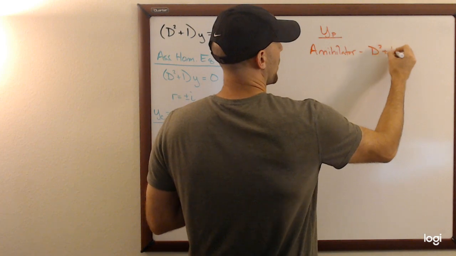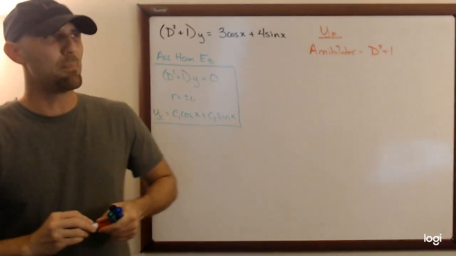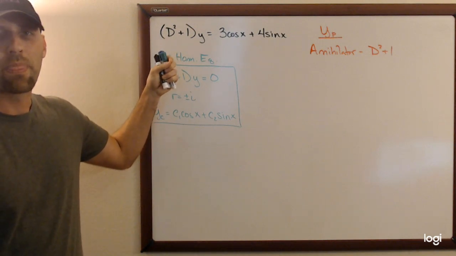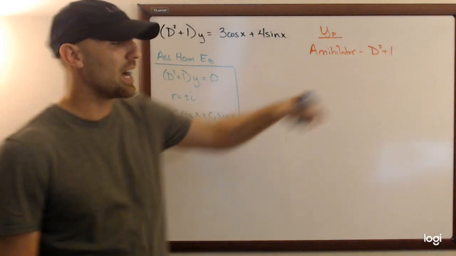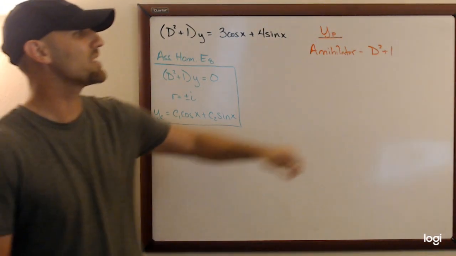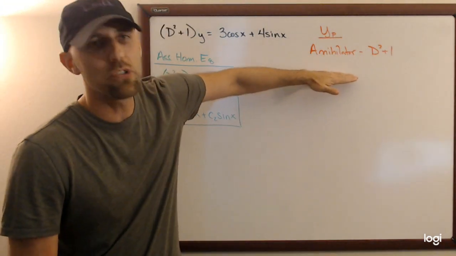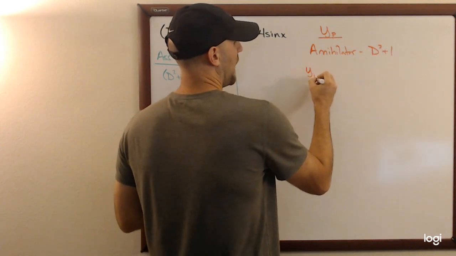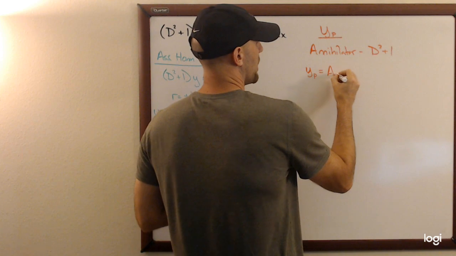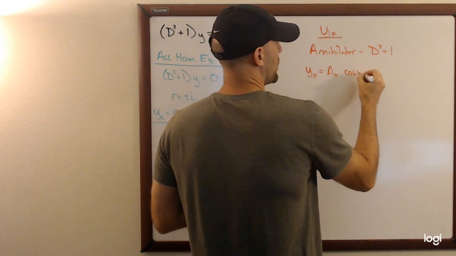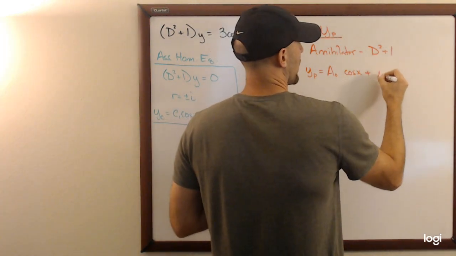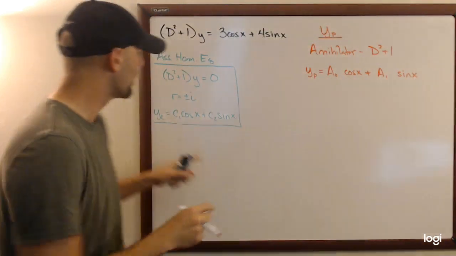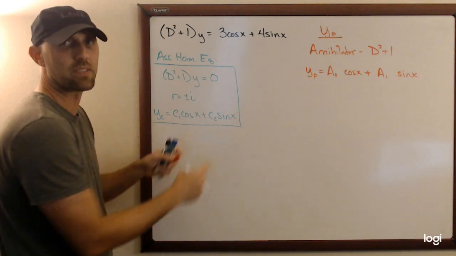The annihilator is D squared plus 1. Yeah, but where have I seen that before? That's one of the factors of this polynomial, right? This isn't the first time I've gotten D squared plus 1 in my solution. I can't write my particular solution then as, right, so this is not okay. I can't write my particular solution as a naught cosine x plus a1 sine x, because this is not linearly independent from this, right?